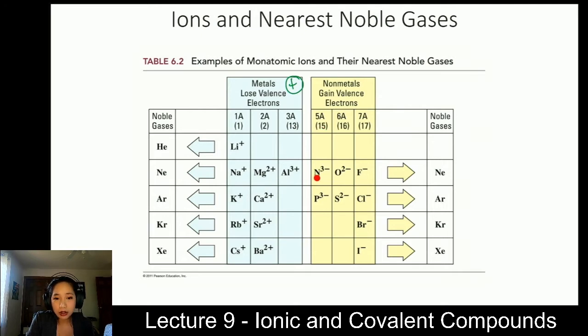It needs to gain 3 electrons to get to that magical number of 8, where the closest noble gas would be neon. Oxygen needs to gain 2. Fluorine needs to gain 1. And again, always be looking at the number of valence electrons or the group number for these representative elements.